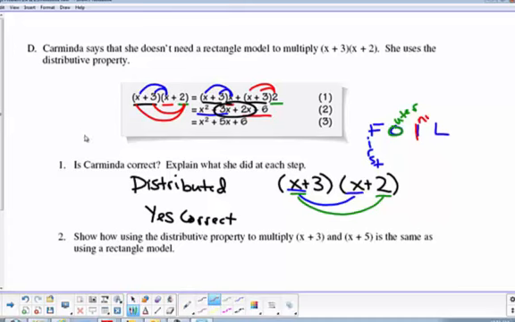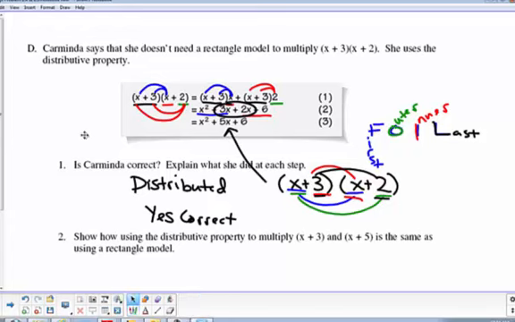Inner, and these are your inner 2 terms. And last, these are your last 2 terms. Regardless, you're going to get the exact same answer, and that's what foiling is, which is double distribution.